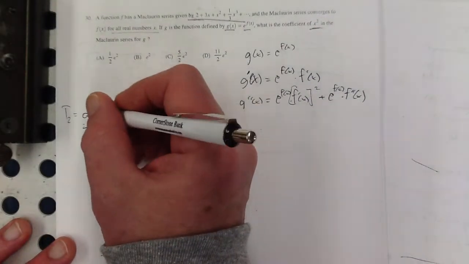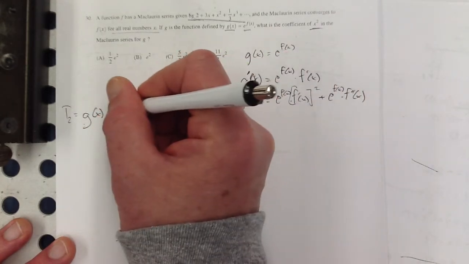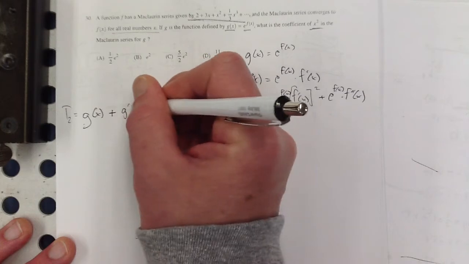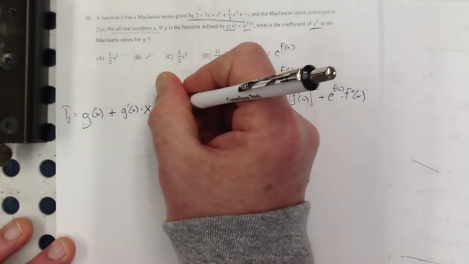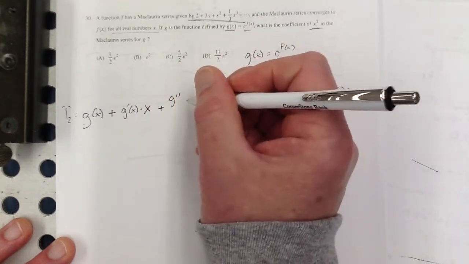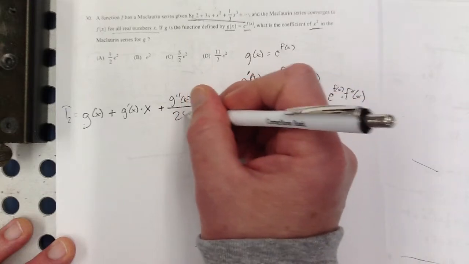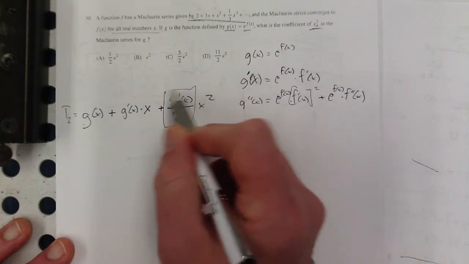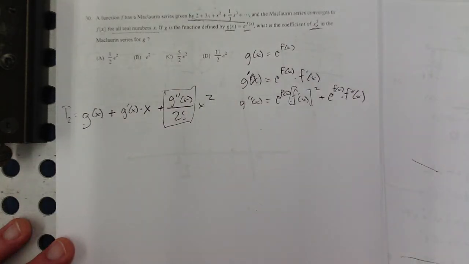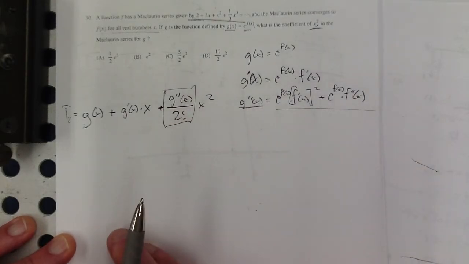So for the g function, it's g of 0 plus g prime of 0 times x plus g double prime of 0 over 2 factorial times x squared. So what's the coefficient of x squared? It's the second derivative of the function divided by 2 factorial. So I need to figure out what the second derivative is here.